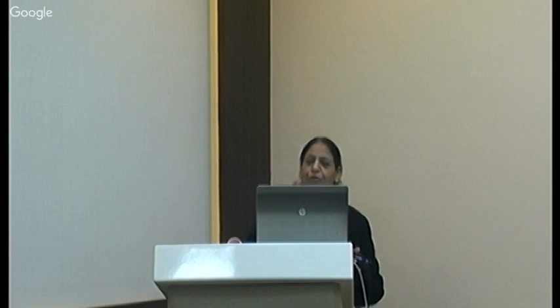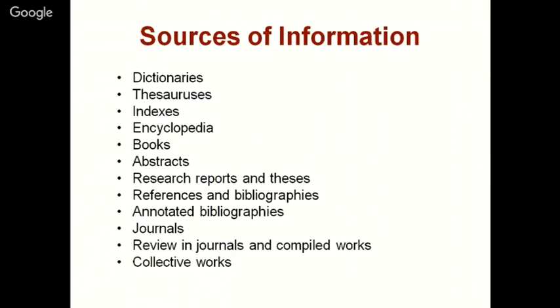You can classify these sources into 3. Preliminary information, which you get from dictionaries, thesauri, indexes, abstracts. Then you have primary sources of information. That means the person who has undertaken a research has published the research. He is the author of that work. It is a primary source of information.